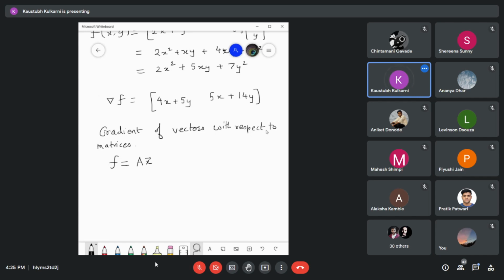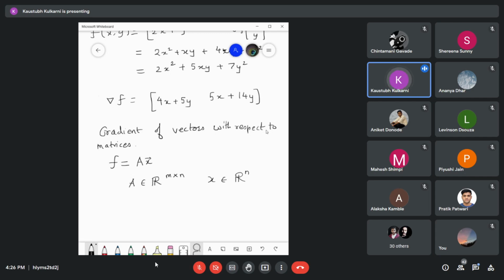Now in this case, let's say A is a M cross N matrix, and X is an N cross 1 vector.